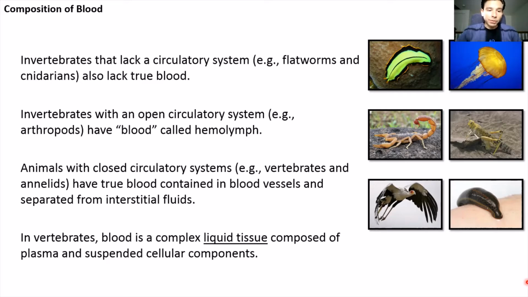In those animals, true blood is contained in blood vessels and is completely separated from the interstitial fluids. Now, in vertebrates like ourselves, blood is a complex liquid tissue that is composed of plasma, a liquid, but also cells.